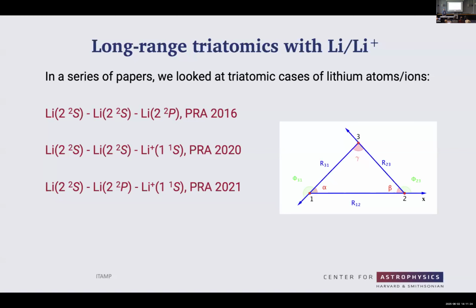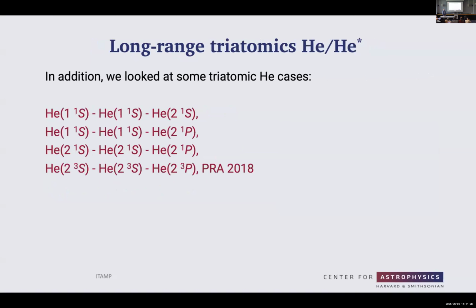The proclivity is to show you pages of formulas, but we're going to try an experiment. We also looked at some cases involving helium, helium and a 2 singlet S helium, some other permutations, going all the way up to metastable helium, which is a fascinating system, as you may know. I'm not going to talk about that, but I'm going to give you the reference here. It's interspersed in between the three lithium papers.